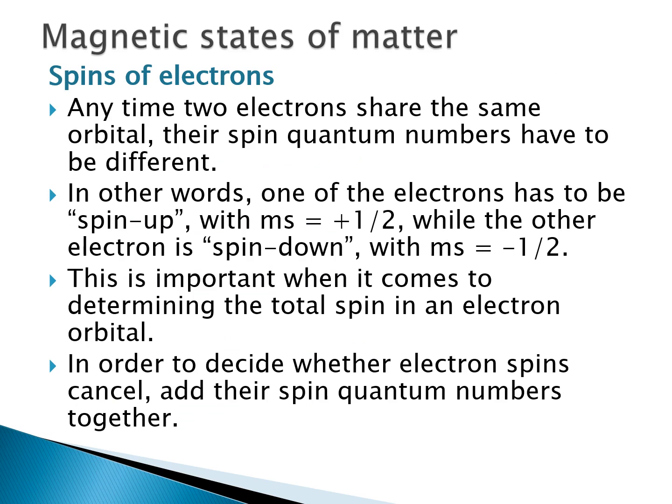We will discuss the magnetic states of matter. Any time two electrons share the same orbital, their spin quantum numbers have to be different.